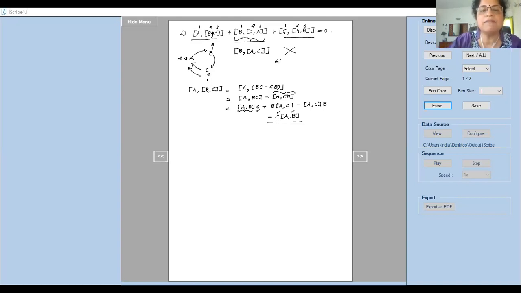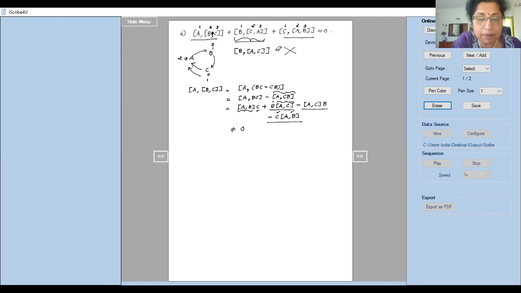Please understand, the first term and the fourth term are not going to cancel out. Similarly, if you look at it here, this second term here, look at it carefully. B comes first, AC comes second. And in this term here, AC comes first, B comes second. It will not cancel out. So the individual terms are not equal to 0.